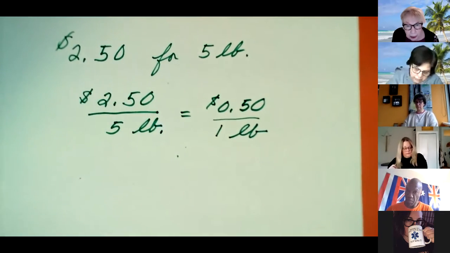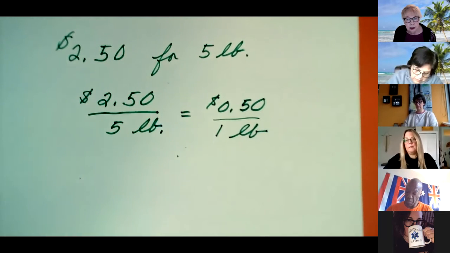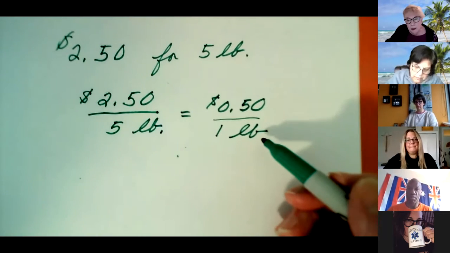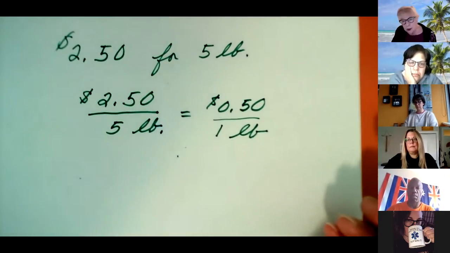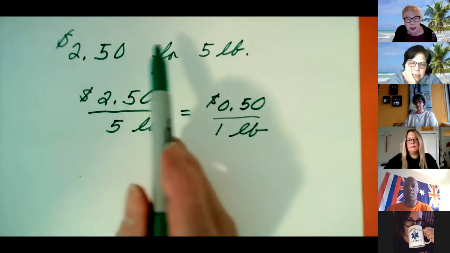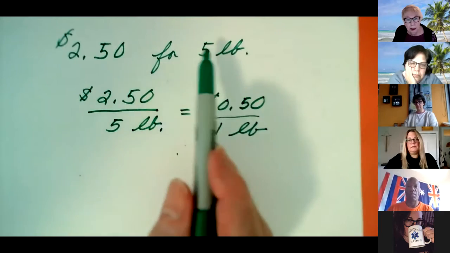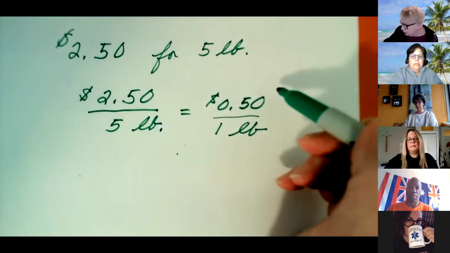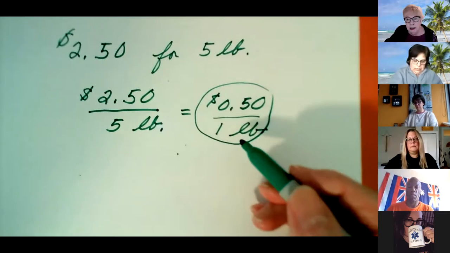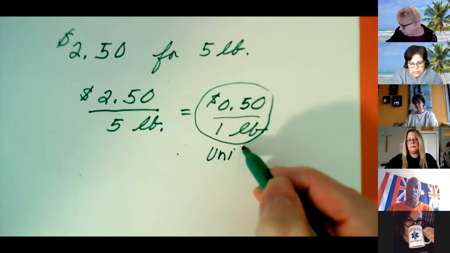Technically, it's for 1 pound. Does that make sense? So this makes more sense because then I could buy 7 pounds and it would be easy to compute. This was helpful to tell me what's the going rate here, but this is the unit price.